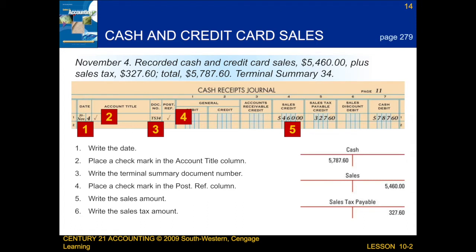Next, we write the sales tax amount, which is $327.60 in the sales tax payable credit column. And finally, we write the cash amount, which is $5,787.60 in the cash debit column. And these two numbers, when added together, should equal $5,787.60. So these two credits, when added together, should equal this one debit.